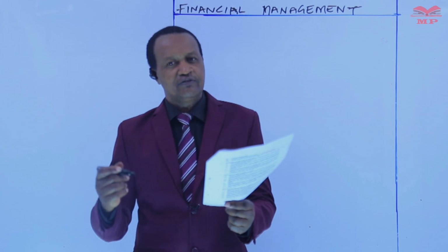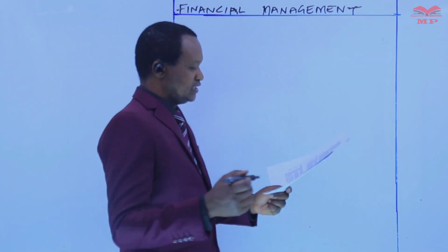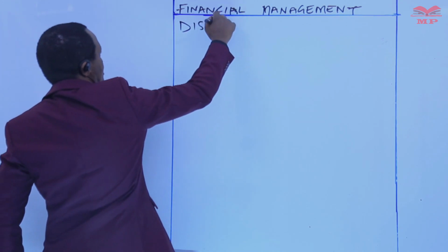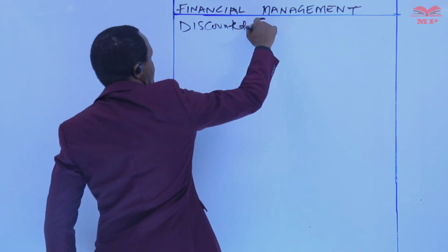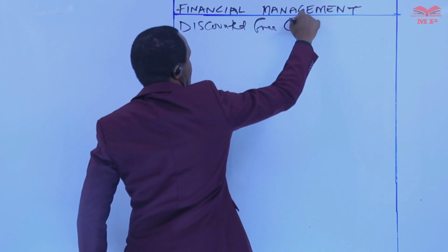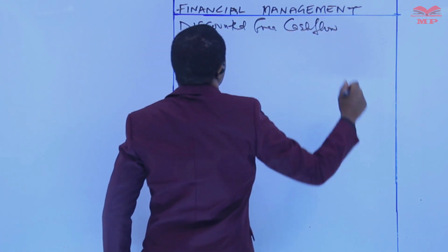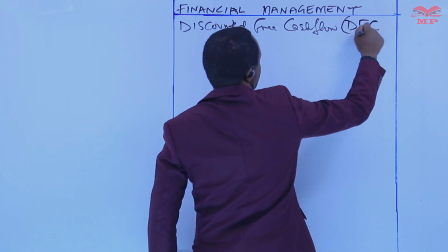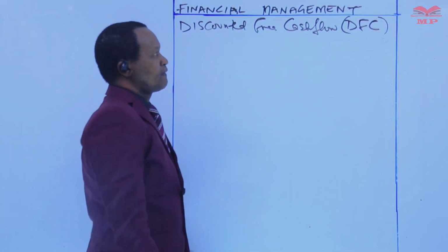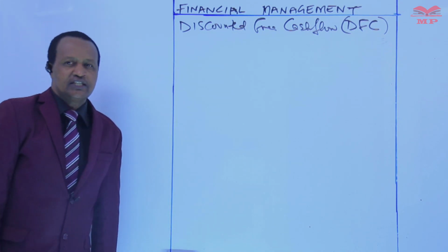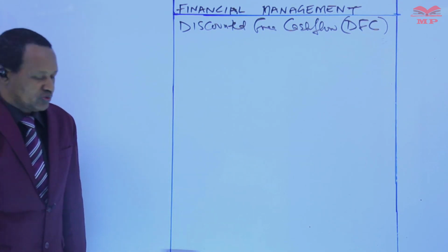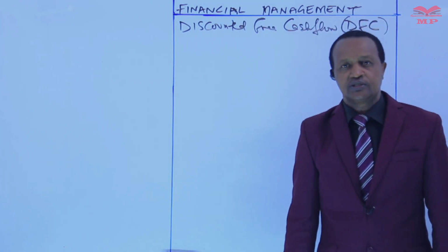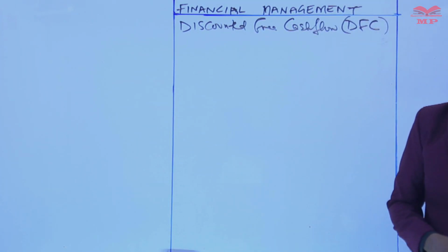Discounted free cash flow is another technique that can be used to value ordinary shares.